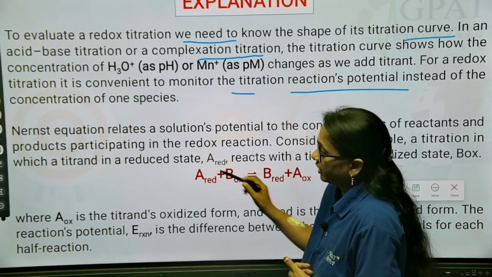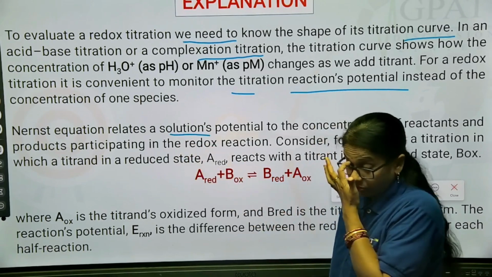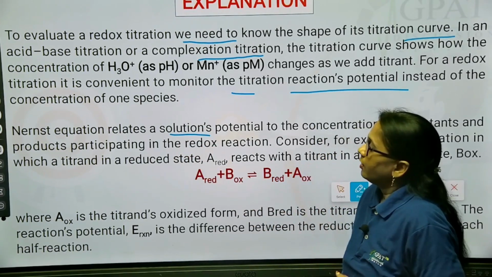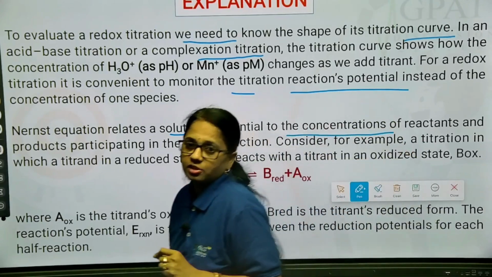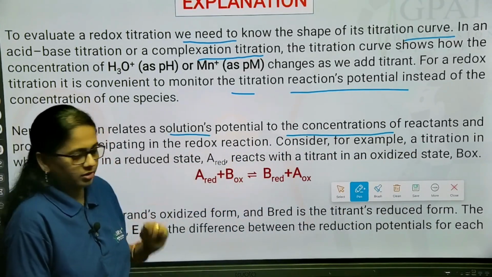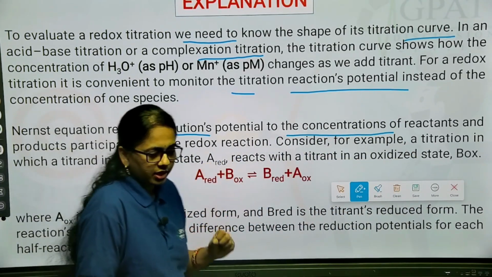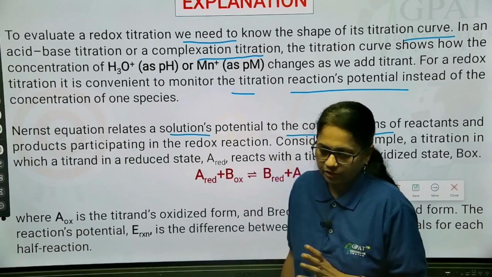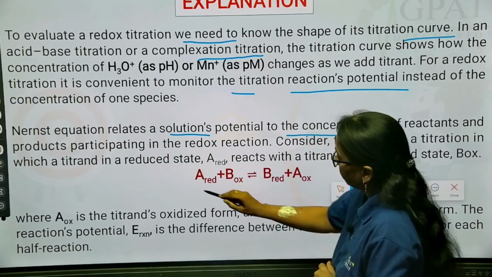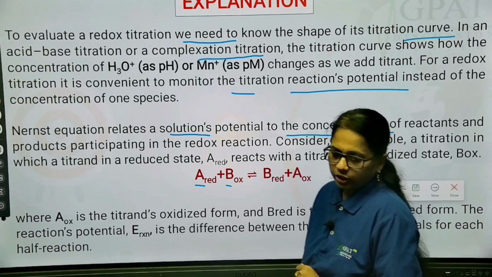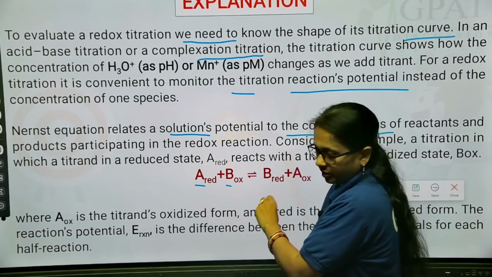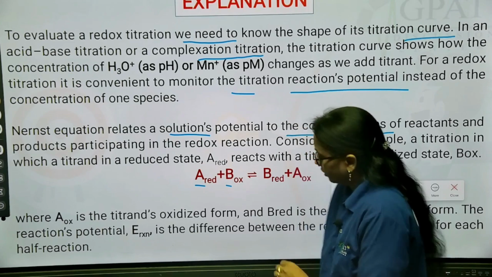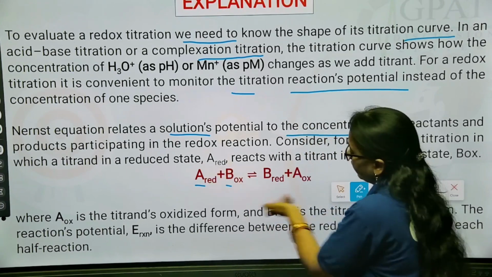So whenever we use the Nernst equation in potentiometry, it relates a solution potential to the concentration of the reactants and the products, right? So in the redox reaction also, these two are very, very important. Let us say A and B are two reactants, where one is a reduction type and the other is an oxidation type, so B gets reduced and A gets oxidized.